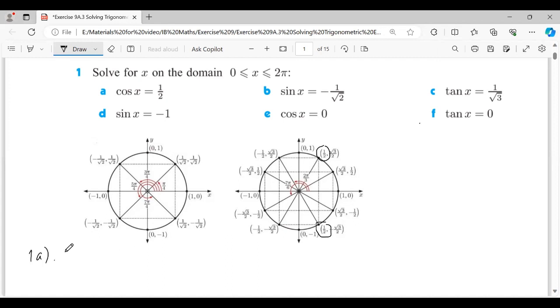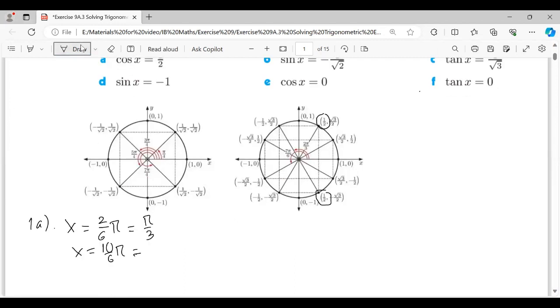So for 1a, x equals 2 over 6 pi, or pi over 3, and as well x equals 10 over 6 pi, or 5 over 3 pi.